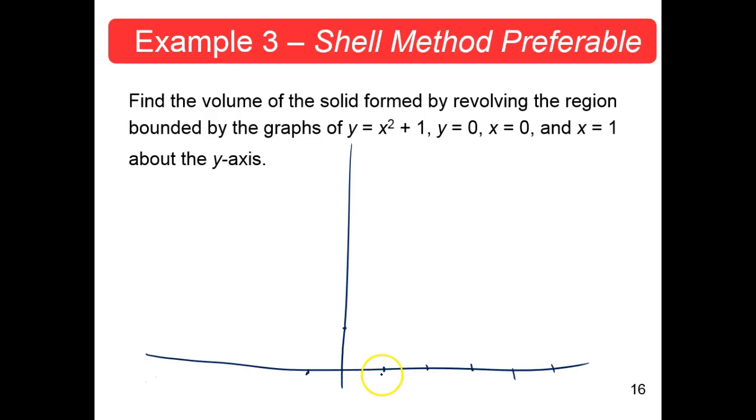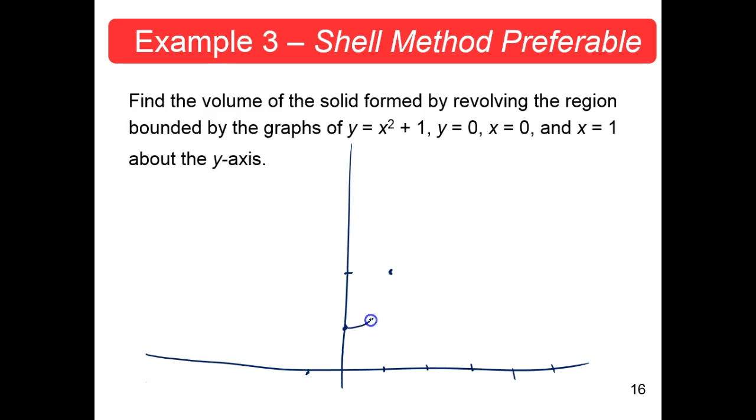Oh, we don't need that many. We're just going x equals 0 to 1. That's all we're doing. Sorry. So we don't need this over here necessarily. When x equals 0, y is equal to 1. When x is equal to 1, y is equal to 2.